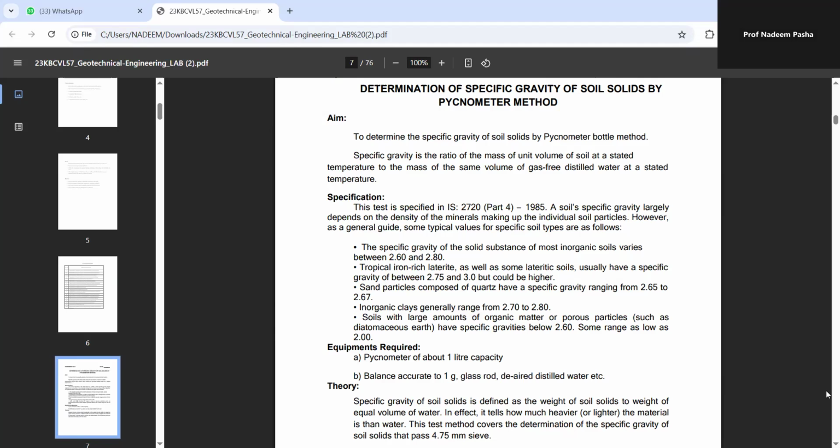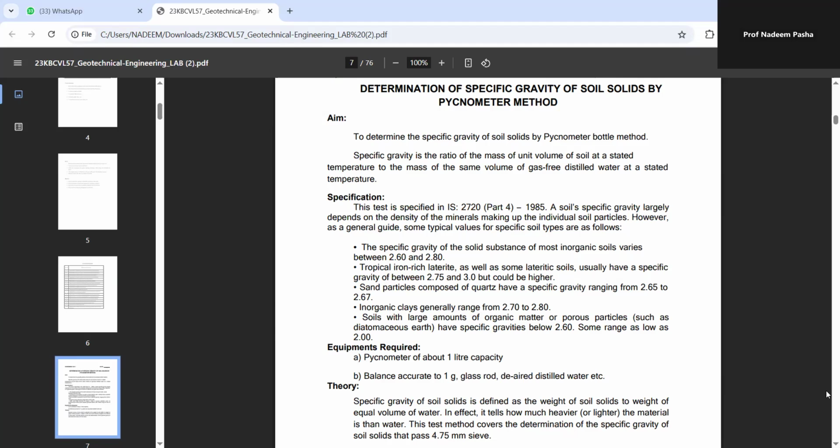In the specification, what we need to understand is which code is used for determining specific gravity: IS 2720 Part 4. Apart from that, specific gravity of standard material. For example, inorganic soils' specific gravity ranges from 2.6 to 2.8. Tropical iron-rich laterite varies from 2.75 to 3.